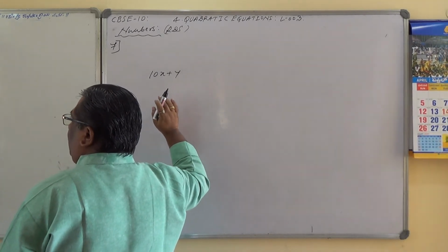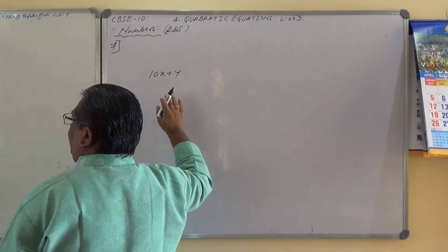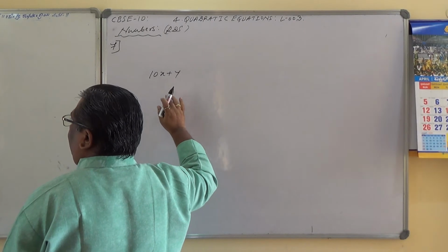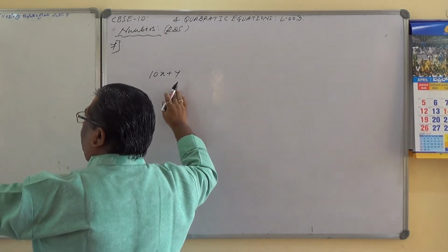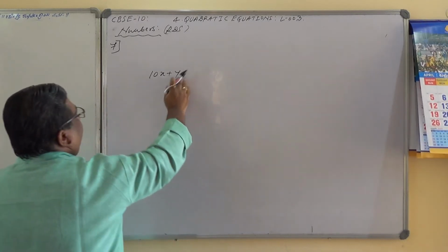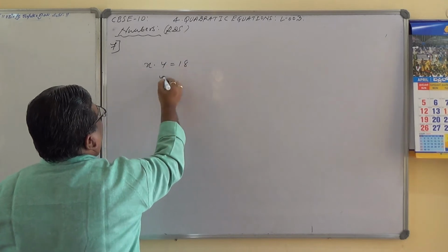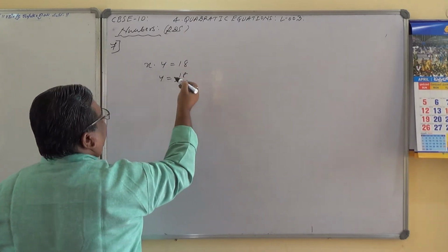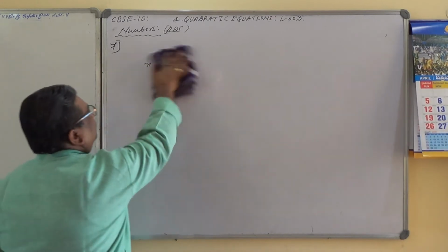If I assume let the tens digit be x, then what is the units digit? The units digit is 18 by x, because the product is given to be 18. X into y equals 18, y is equal to 18 by x. Is it right? So I will write formally now.